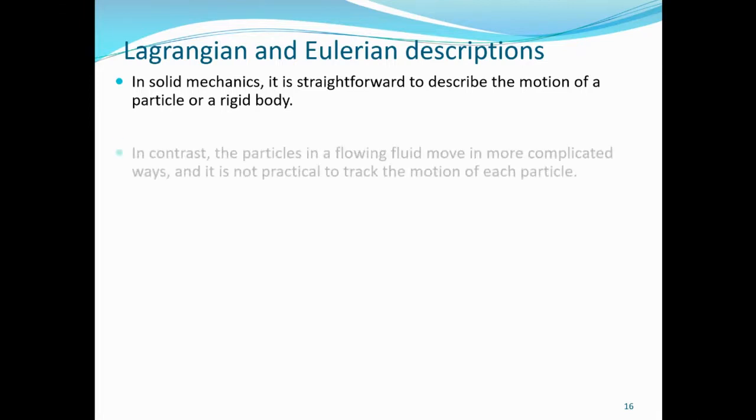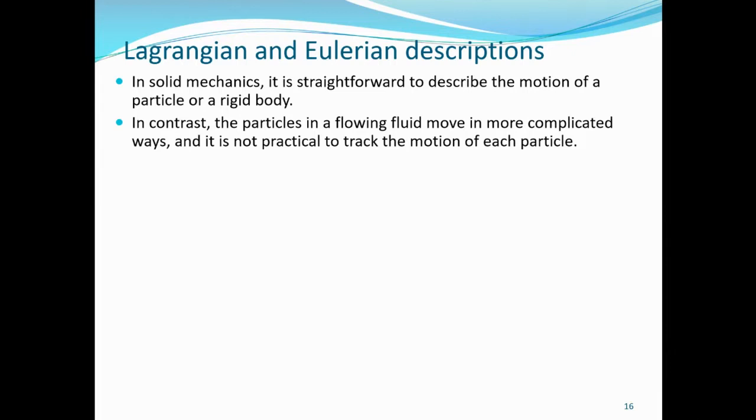But when you have fluid flowing, it becomes more complicated, and it is not practical to track the motion of individual fluid particles because they are billions in number. The flow parameters change with time and with space, so tracking each one becomes a Herculean task that is almost not achievable.